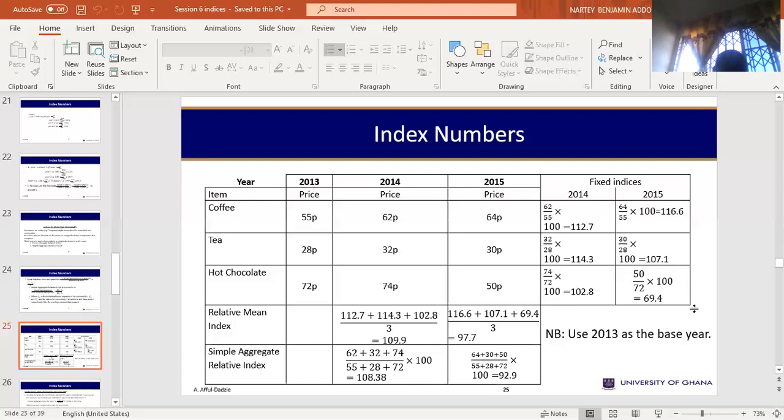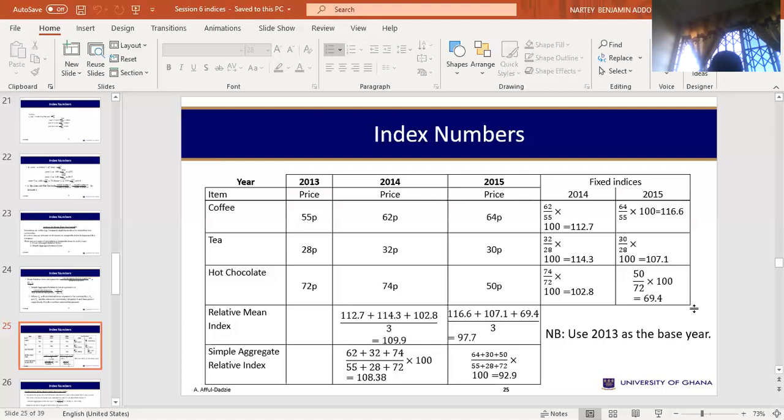And then the summation of Q subscript 0 and the summation of Q subscript n will also be the quantity produced or consumed in the base year and current year respectively.